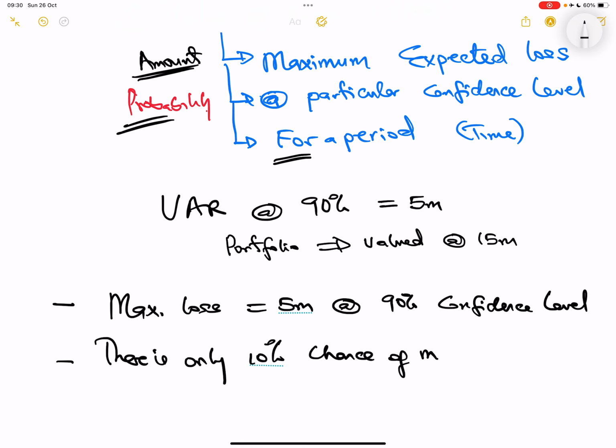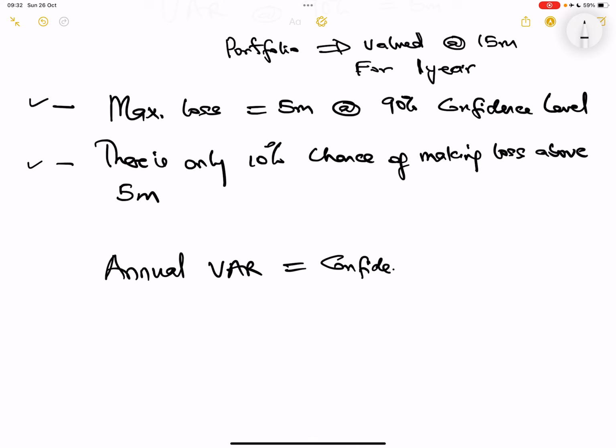And there's a formula for it, because you might be asked to calculate it. If you're managing a portfolio risk using VAR, you need to know the VAR of that portfolio. And that annual VAR is equal to your confidence interval value multiplied by standard deviation.